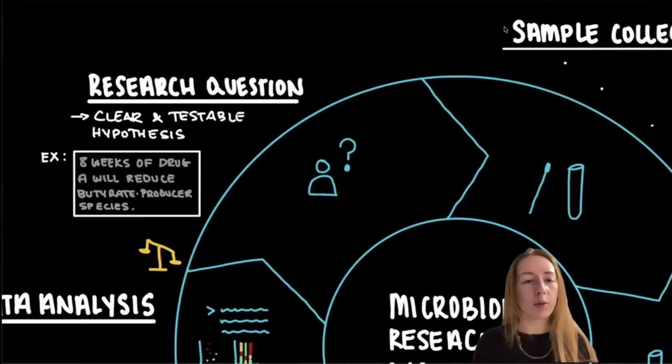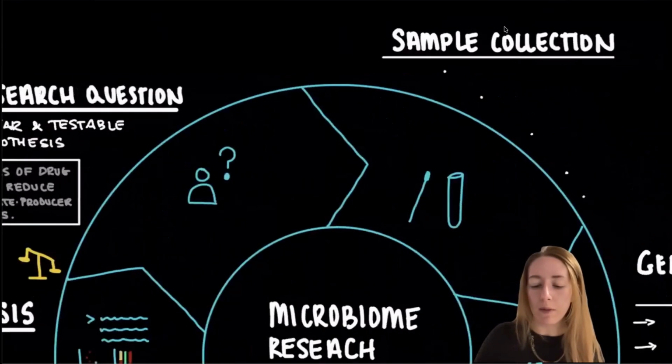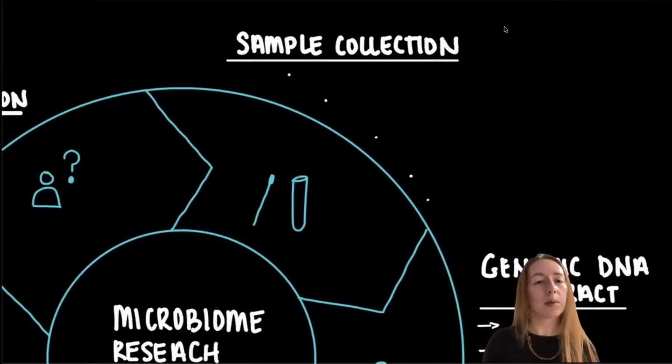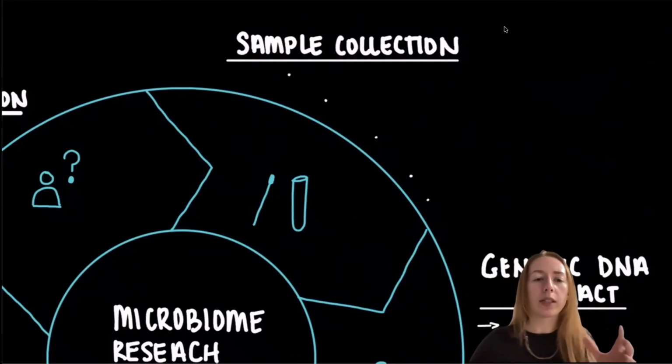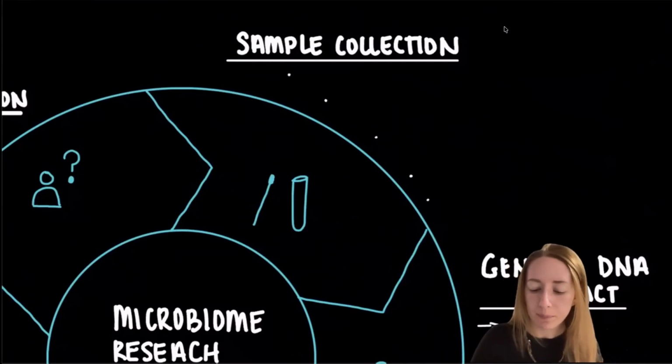Now, this research question, whatever it is, can then drive, okay, our model and what samples we want to collect. Let's say we can collect stool samples from mice, we can collect oral samples, we can collect human vaginal samples, we can collect soil samples, whatever the question might be.